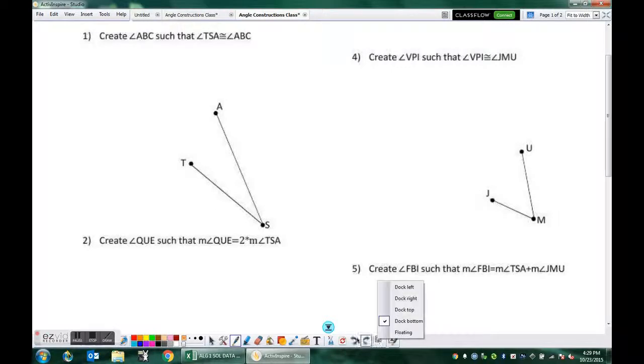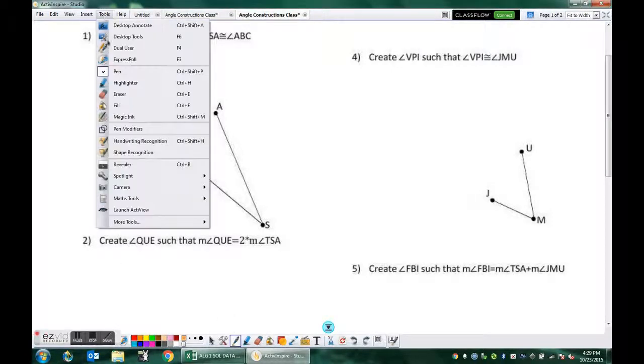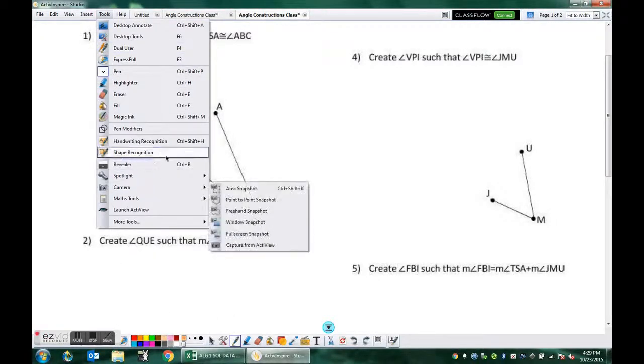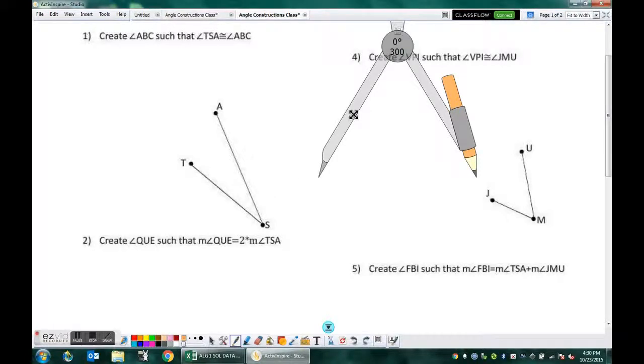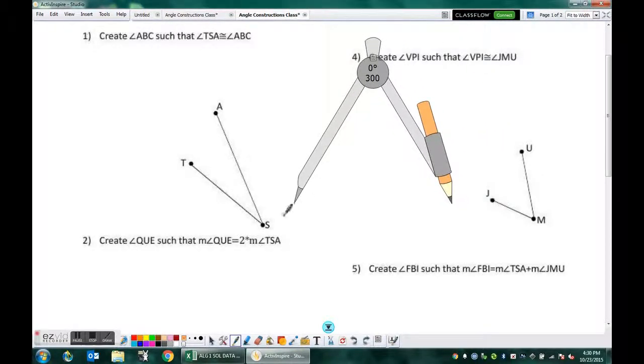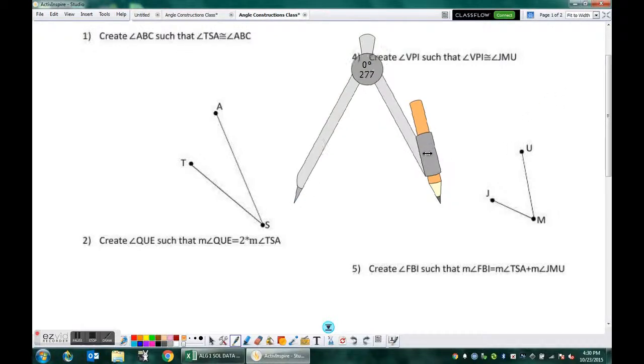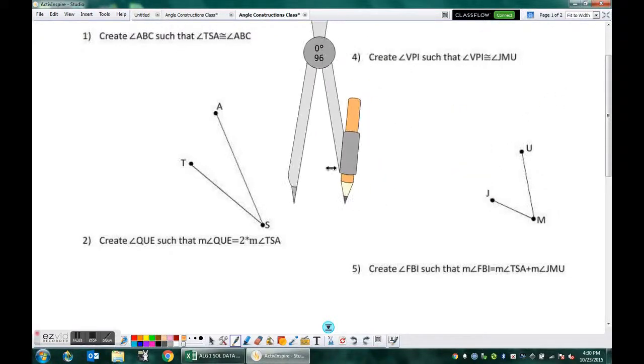So I'm going to go ahead and pull out my compass. Yours may look a little bit different than mine, but they basically all work the same way. You've got a sharp point on one end, and then your pencil goes on the other end.